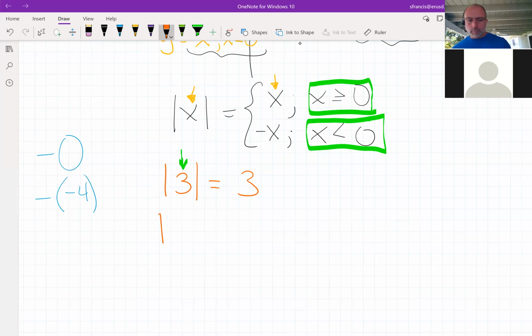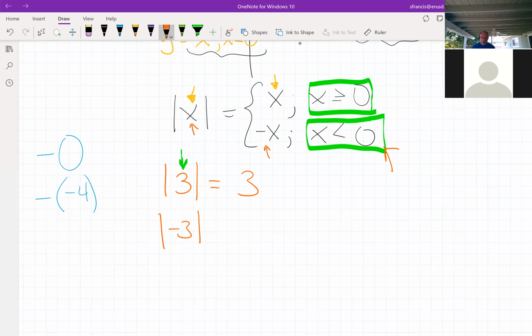Now, what happens if we plug in a negative number? Again, let's model the thought process. I'm going to go look at the definition. I'm going to identify which interval it is in. -3 is less than 0. It's in this second interval over here. Now, what does the definition tell me? The definition here tells me that if my input is x, my output is the opposite of x.